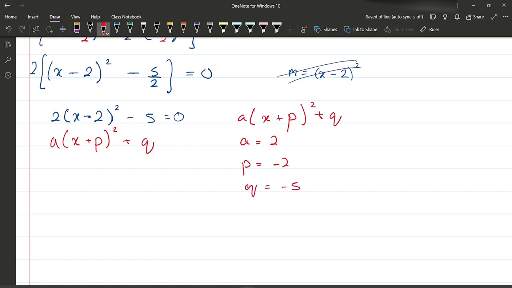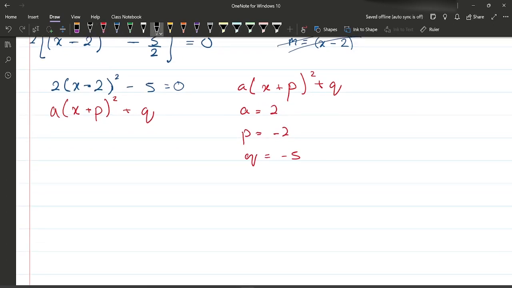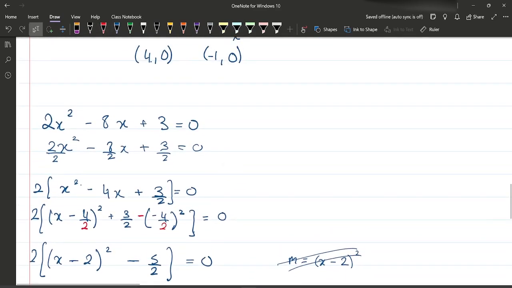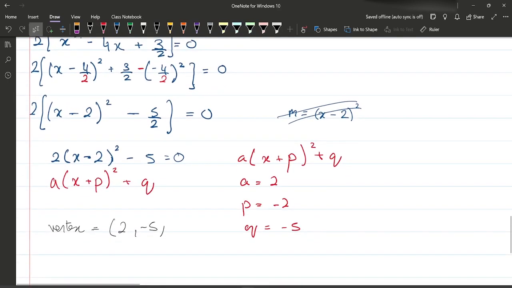If you were asked to find the vertex, it's simply going to be (2, minus 5). You flip the sign, remember, flip this sign over, whatever it is. If it's plus, turn it to minus. If it's minus, turn it to plus, and leave this the way it is. And that's your vertex. You can also make sure that you've done this correctly by putting 2 all the way here and here, and you should get minus 5 here.